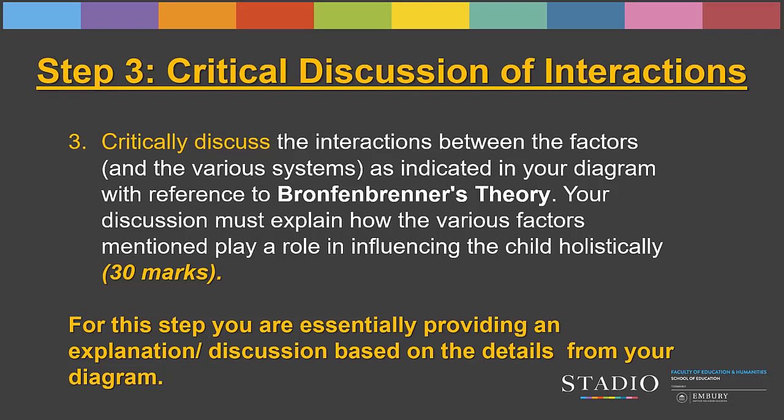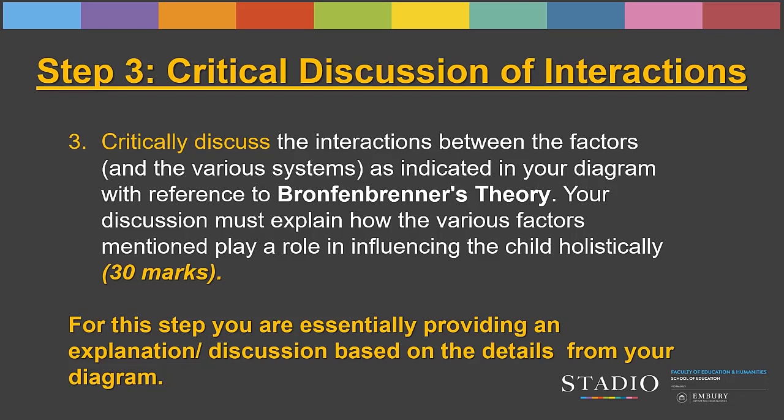Essentially, what this requires from you is to describe the model that you created. What you are noticing in the model, what you should be discussing, is how each of the systems shape and influence the individual under focus. Obviously, the individual here is Anele. But in order to understand her holistically, we need to look at the different systems that she interacts with on a daily basis.